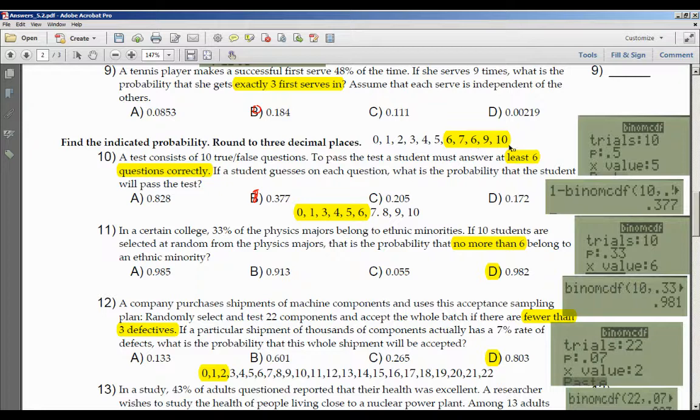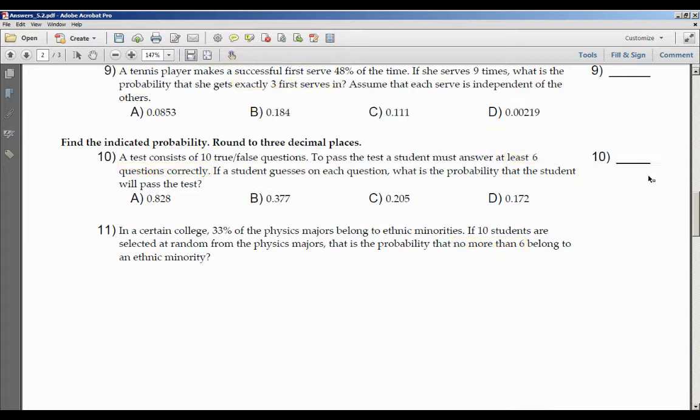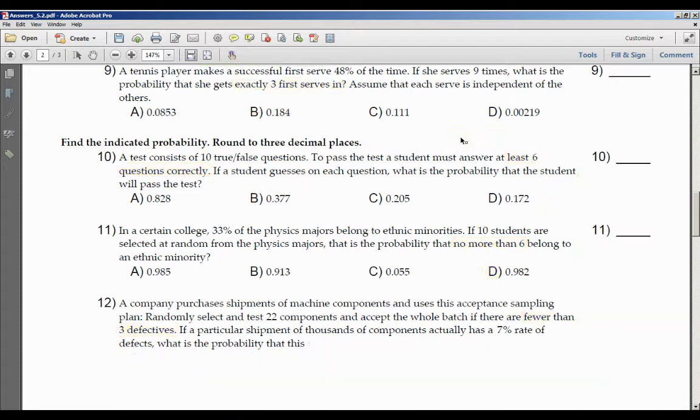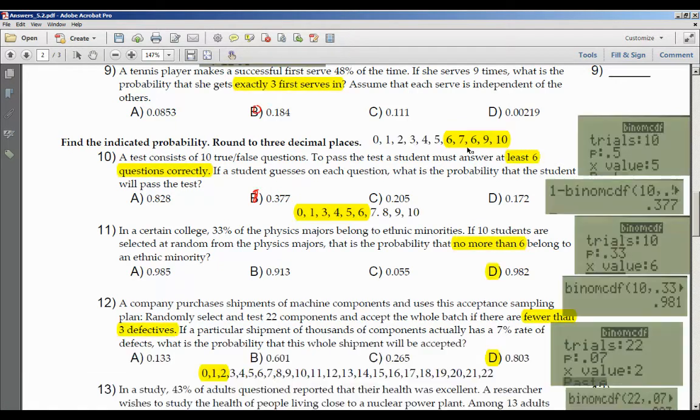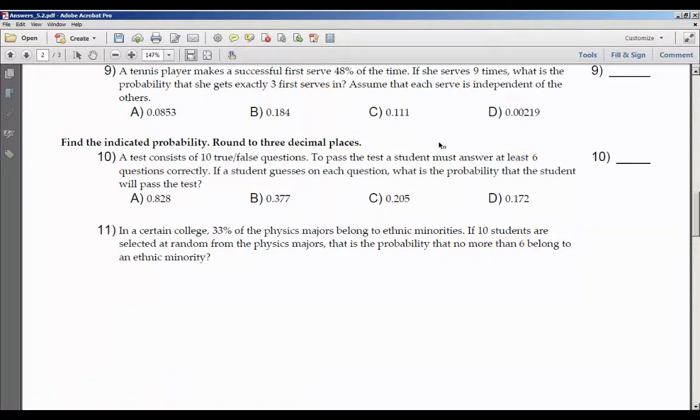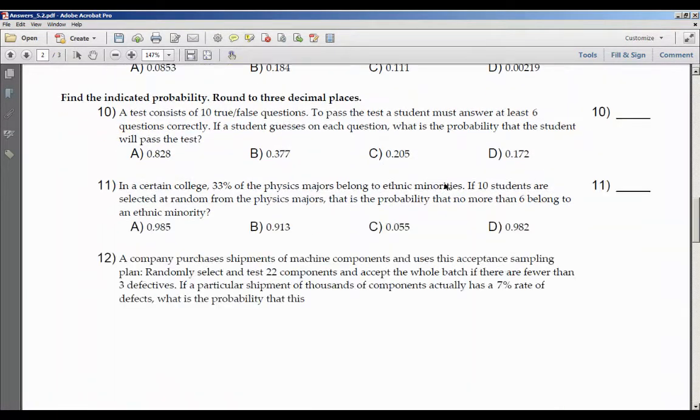I'd rather do cumulative once and subtract the answer. Now, when I tell it to do cumulative, I have 10 trials. Probability of true-false is 0.5. And notice, I'm including 5. I'm telling it my number of successes is 5. It'll automatically add the answer for 0, 1, 2, 3, 4, and stop when it gets done with 5.